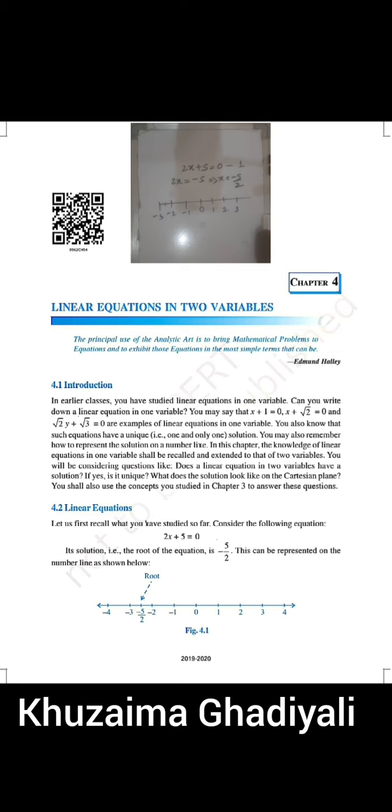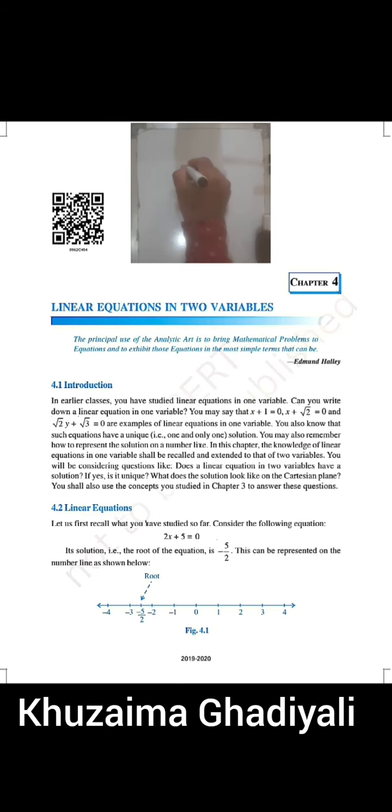Now we can say that the solution of a linear equation in one variable we can locate on the number line. So on the basis of this, how can we find the position of the linear equation in two variables on the number line?